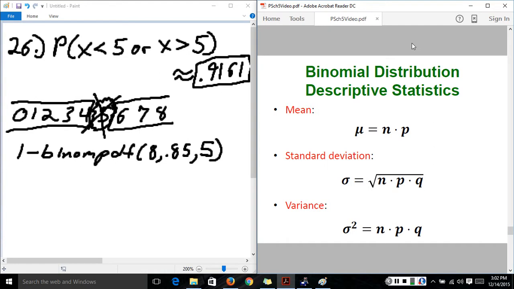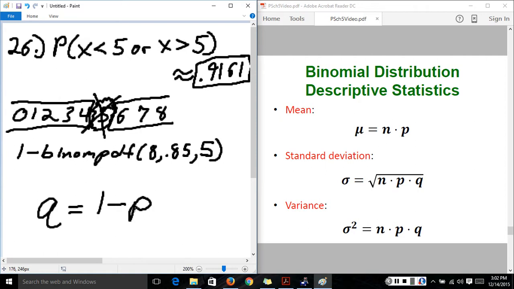What was q again? I'm so glad you asked. Remember that q is 1 minus p. It's the complement of p, or the probability of failure.